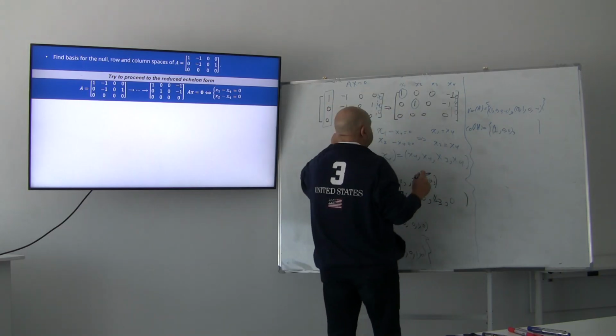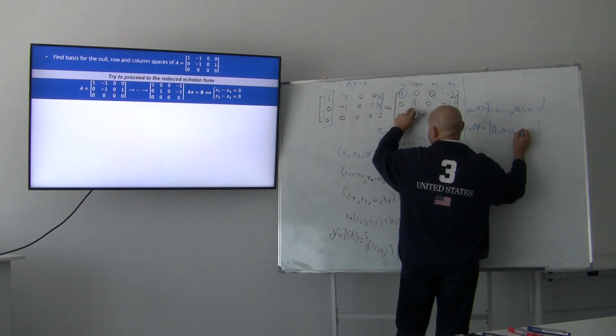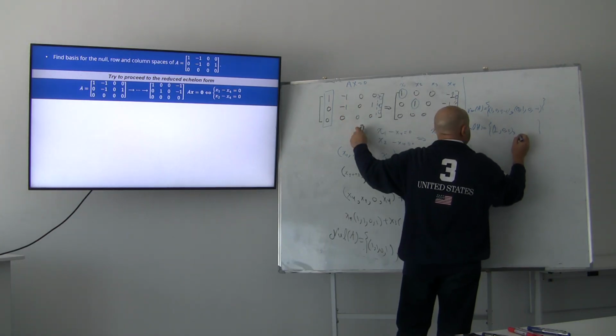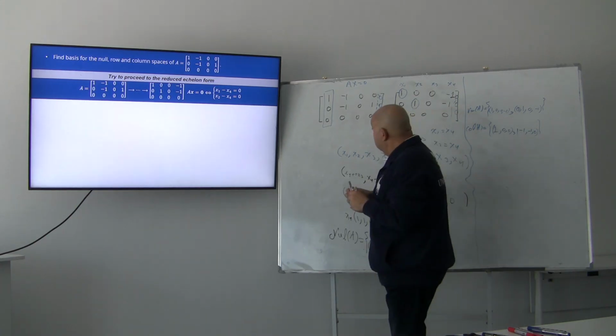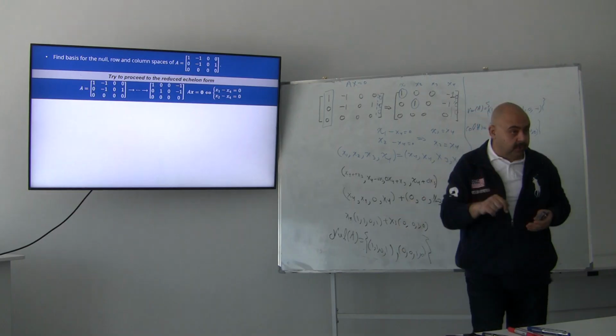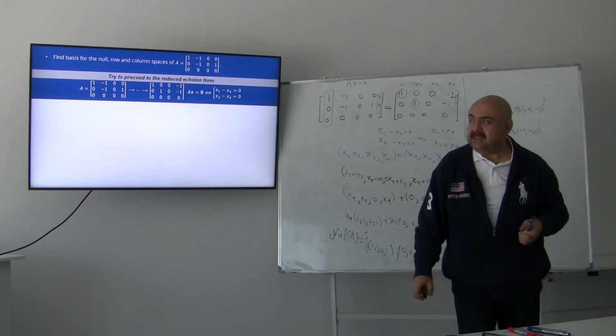And for the second column, since it is the pivot of the second row, I take the second column, which is -1, -1, and 0. Let's go through it once more using this example.